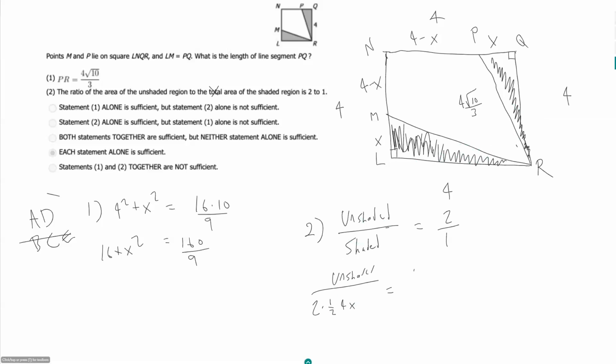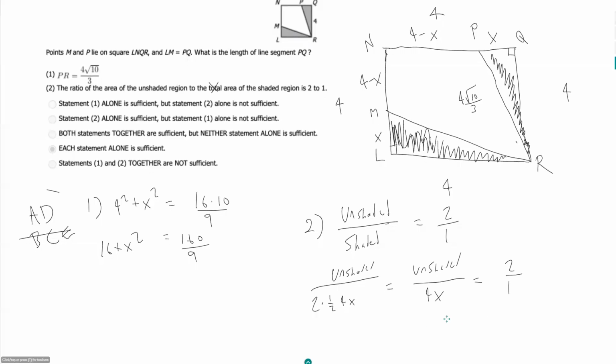Let's leave it with just unshaded over, so just 4x, it looks like, and that is equal to 2 over 1.